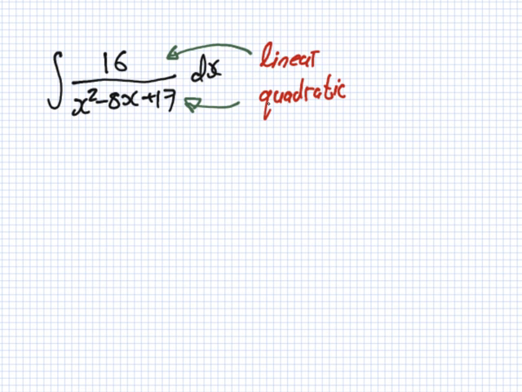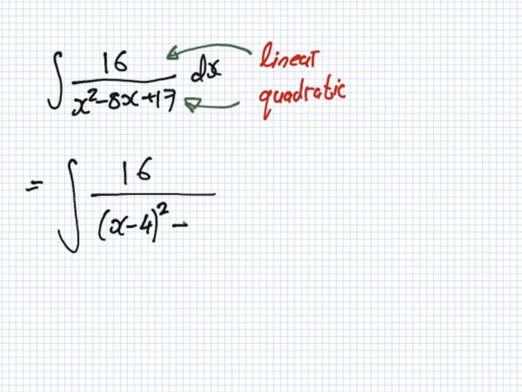Completing the square. So, here we need to complete the square. We get 16 over (x minus 4) squared plus 1 dx. Now we can use our trick.